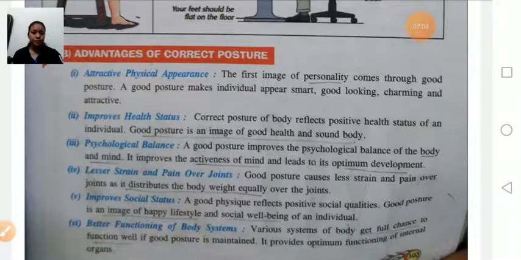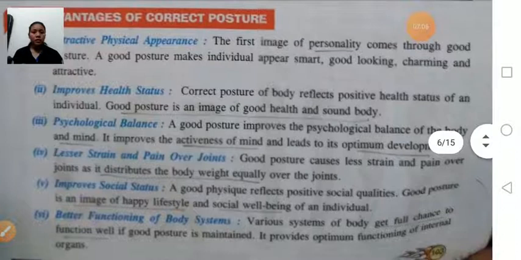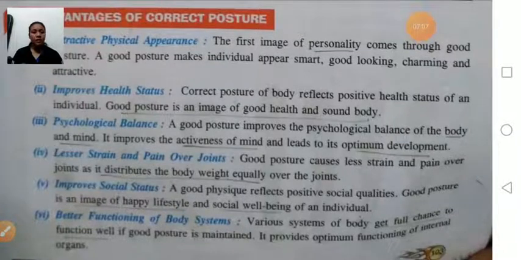Improves social status. Good posture reflects positive social quality. Good posture is an image of a happy lifestyle and social well-being of an individual.